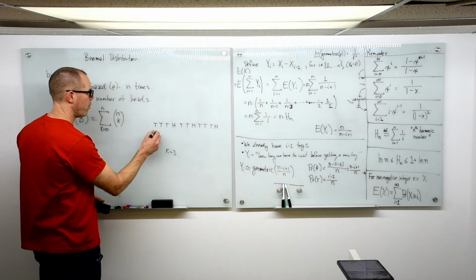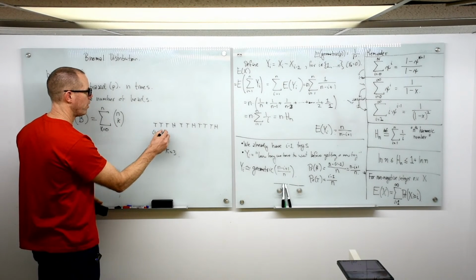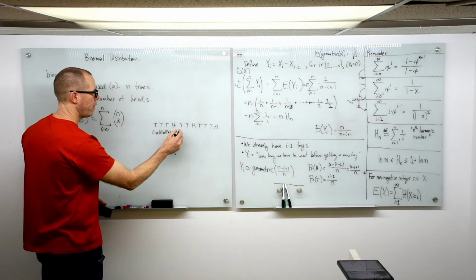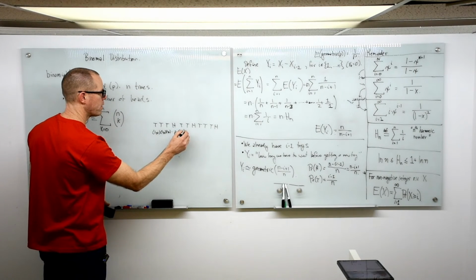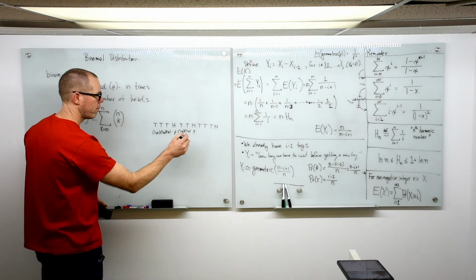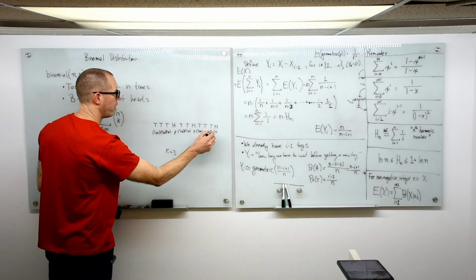Well, the tails came up with probability 1 minus p. This one also occurred with probability 1 minus p. This also with probability 1 minus p. But this one was a p. And then more 1 minus p's, more 1 minus p's, but then a p. And so on.